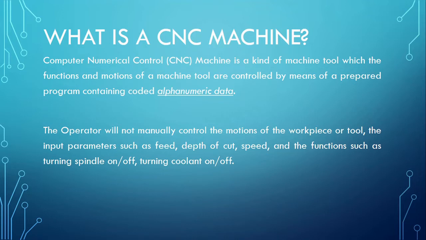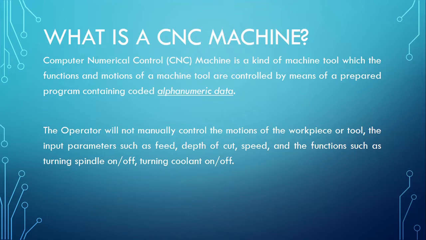But with the introduction of automation, particularly the CNC machines, all of these motions, all of these operations, the feed rate, the depth of cut, the speed, are done automatically by the part program.